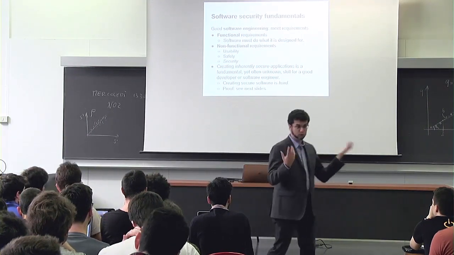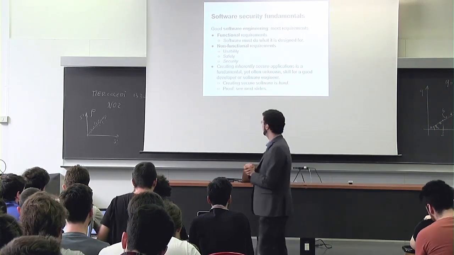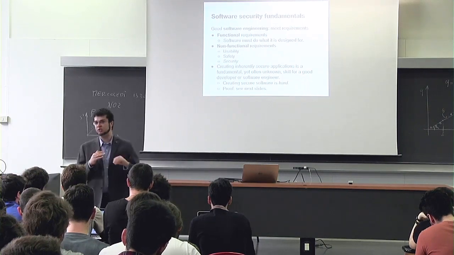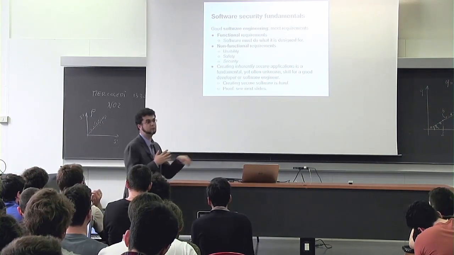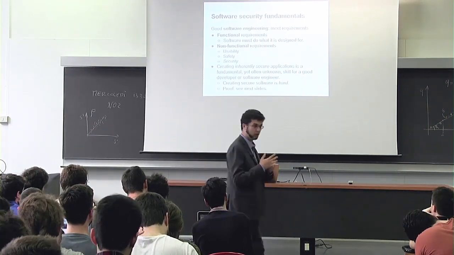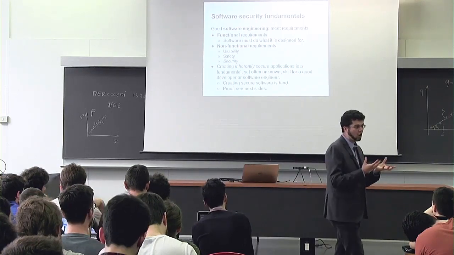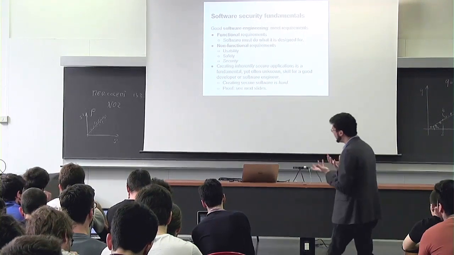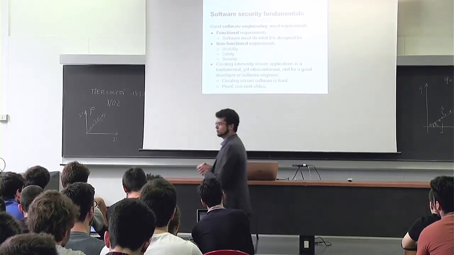Secure enough, of course, in our tradition. So creating applications that are inherently secure, that have been designed to be secure, is part of the skill set of software engineers. That's what you expect software engineers to be able to do.